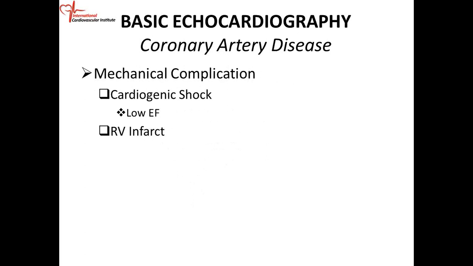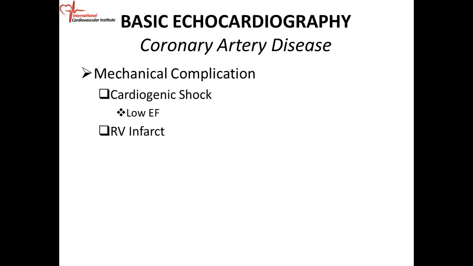You usually don't get cardiogenic shock unless you have damage to more than 40% of the heart muscle. So the function of the heart as a pump is reduced. Also, you can get cardiogenic shock if you have a ruptured papillary muscle. Okay, so you have wide open mitral regurgitation. All the blood is going backwards, nothing is going forward.